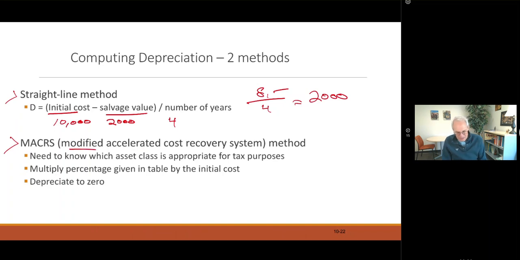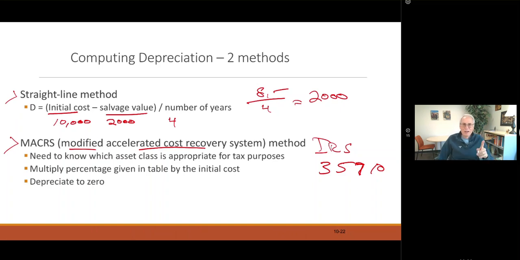The modified accelerated cost recovery system says the IRS says, here's what your computer, your equipment, your car, whatever, should last. They usually have classes like 3, 5, 7, 10, I think, years. 5 and 7 is the most common. And then they give you a percentage.